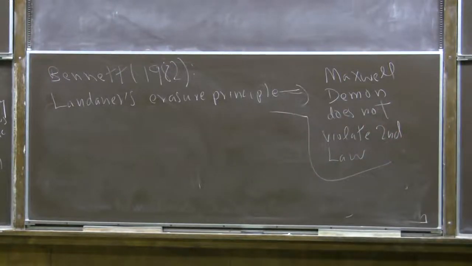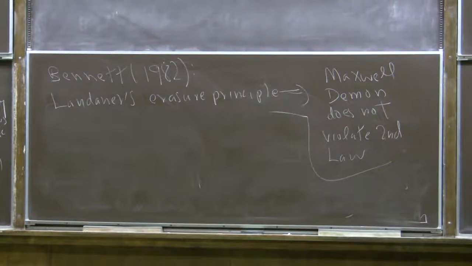So to try to explain why erasure is thermodynamically irreversible, why we need work to do it in particular, the simplest thing to do is just to consider some model of a memory and ask what we need to do to erase it.